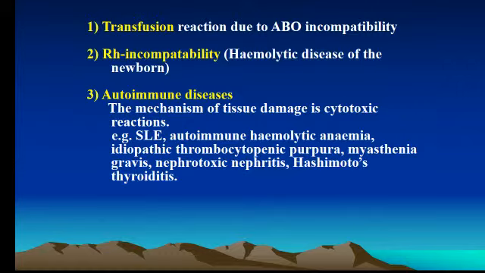Number two, RH incompatibility, hemolytic disease of the newborn. RH could be negative or positive, but if it happens in a newborn, hypersensitivity type 2 will occur. Of course, it won't be type 1.